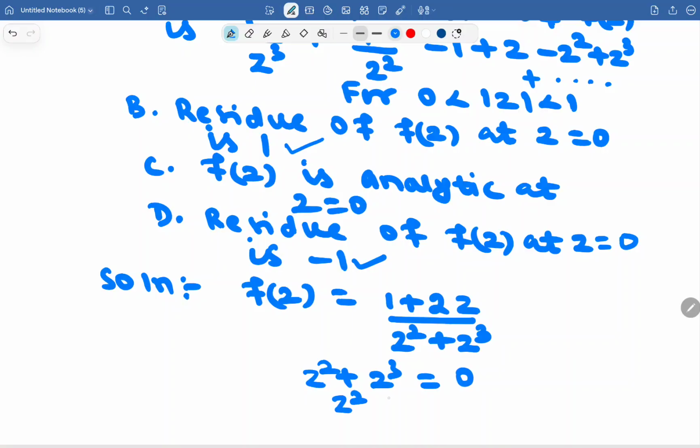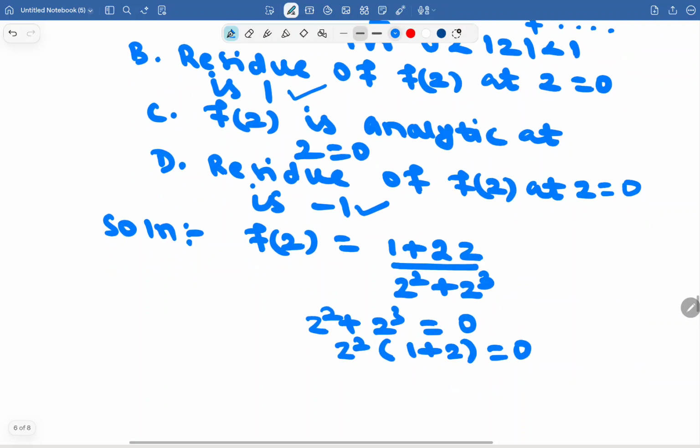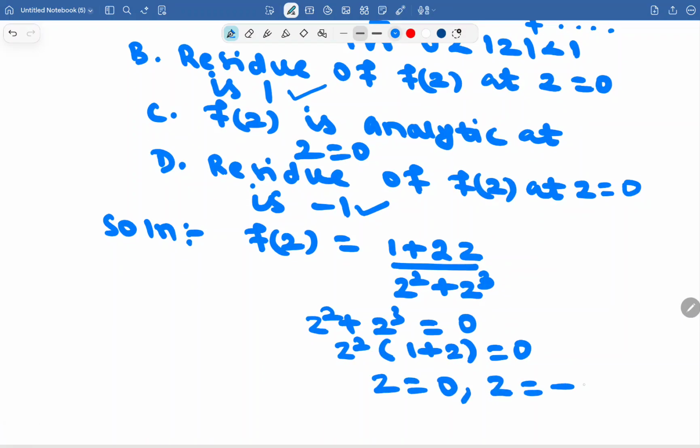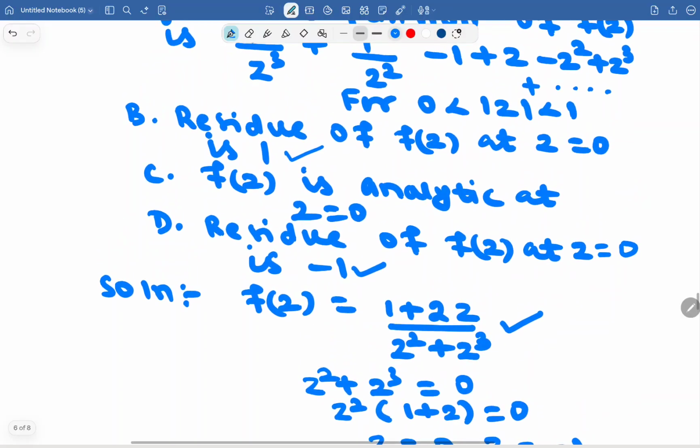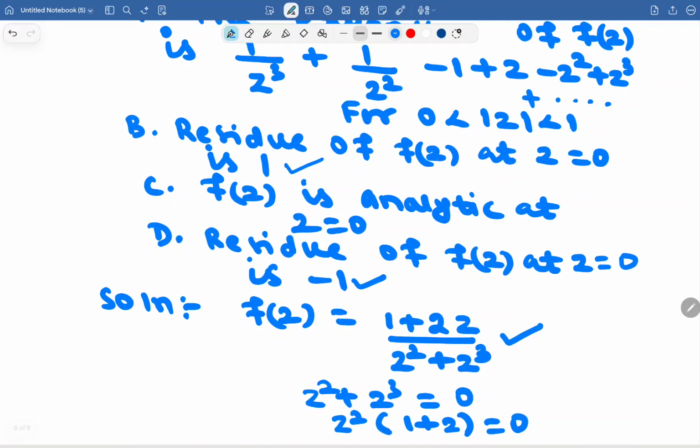Take z square outside, 1 plus z which is equivalent to 0, z equal to 0, z equal to minus 1. At both the points z equal to 0 and z equal to minus 1, f of z is not analytic, but in option C, f of z is said to be analytic at z equal to 0. Option C is a wrong option.